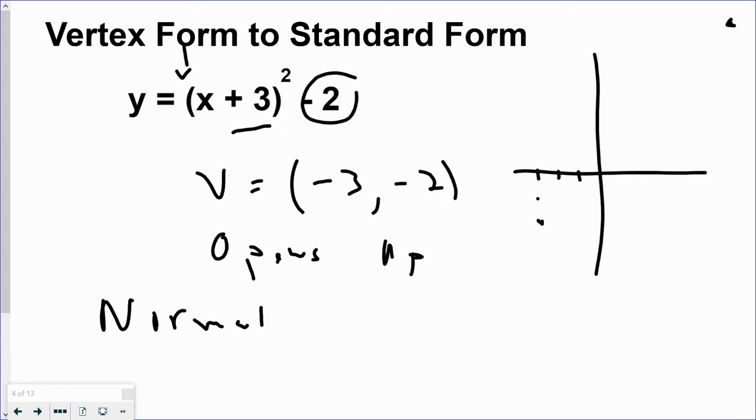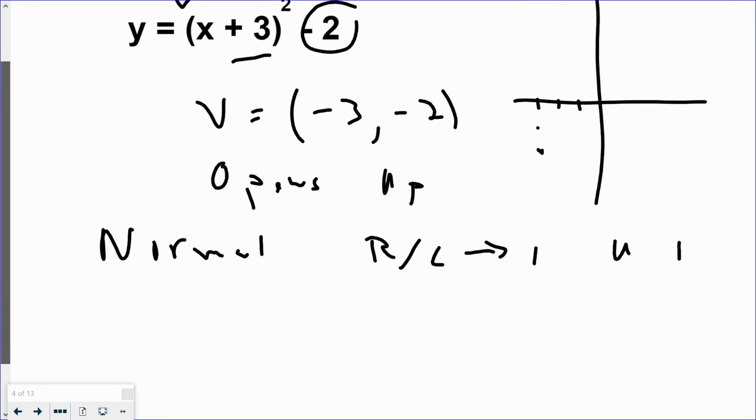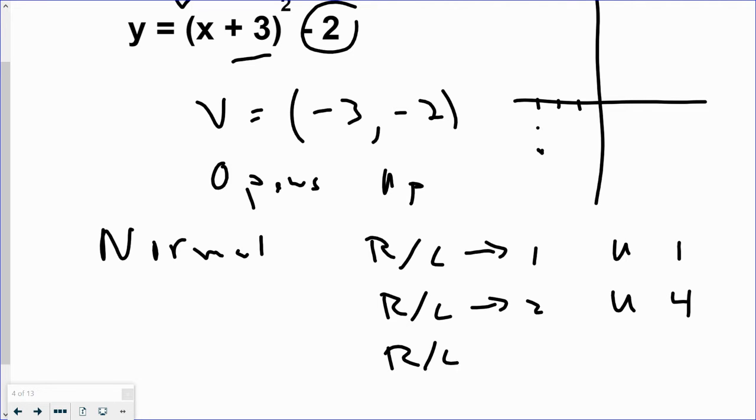Normal growth of a parabola is it goes right or left 1, and then up 1. It also goes right and left 2, but then up 4. Then right and left 3, then up 9.